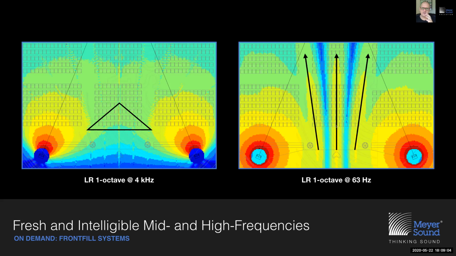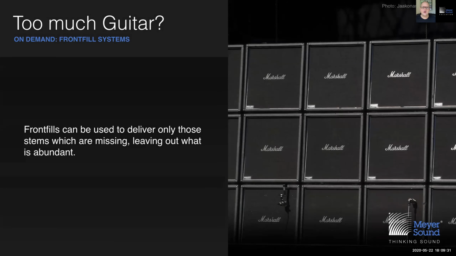Those few spectators are sitting on top of a landslide, of an earthquake, and the only thing missing over there are fresh and intelligible mid and high frequencies, which is yet another reason to specify Frontfills, because it's one of the few systems that can get to those typically money seats and restore all the information that was missing. But while doing so, we have to be mindful of occultation, as we're about to discuss.